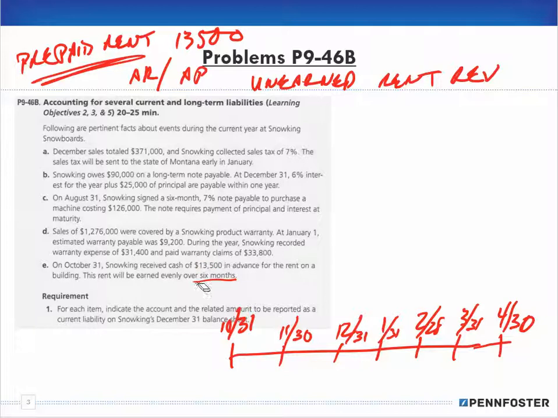All right. So the problem here says the receiving cash is prepaid rent for $13,500 in advance on the building. This rent is earned evenly over 6 months. So this is 1 month, 2, 3, 4, 5, 6.